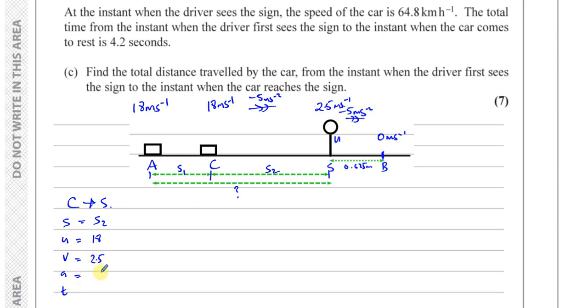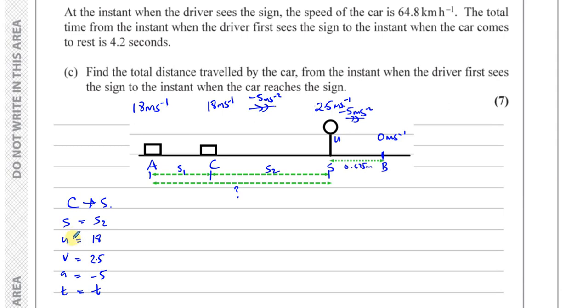I also know, by the way, that the time between here and here is 4.2. And the time between here and here, I can work out in one problem. Let's just work out what that time is first. I know the acceleration is -5, and the time is what I want to find. If I find that time, it will help me to work out what I need eventually, which is S2.